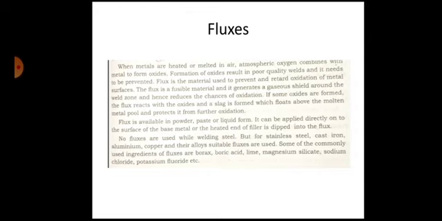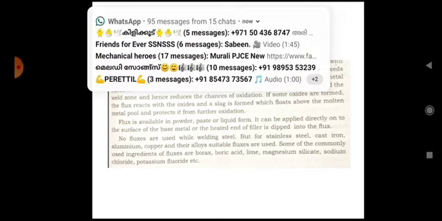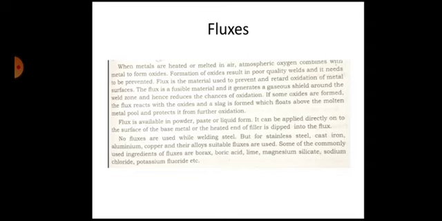Then fluxes. When metals are heated or melted in air, atmospheric oxygen combines with the metal to form oxides. That is, oxidation will happen at the time of welding. Formation of oxides results in poor quality welds and needs to be prevented. Flux is the material used to prevent and retard oxidation of the metal surface.